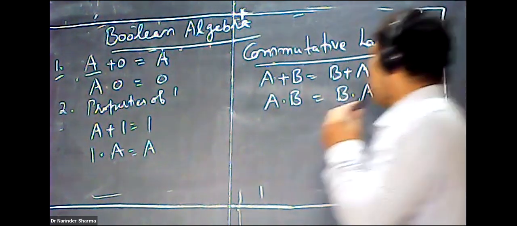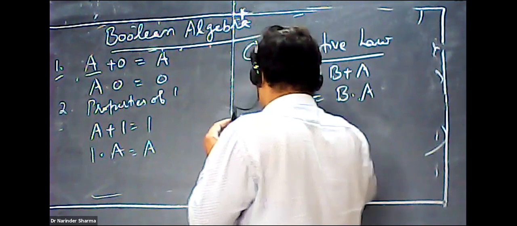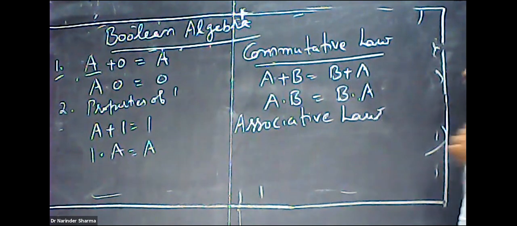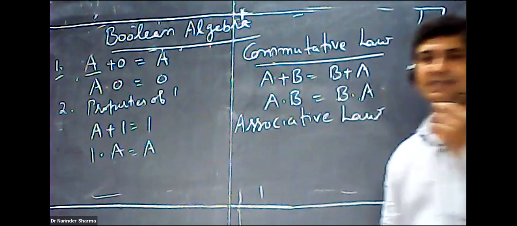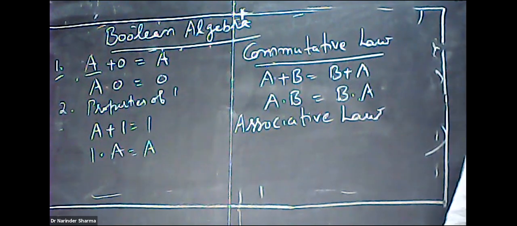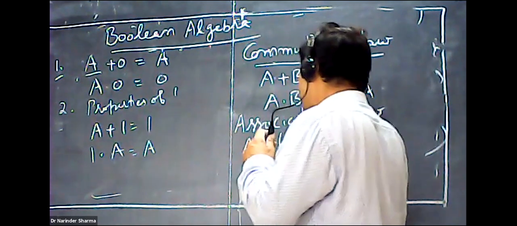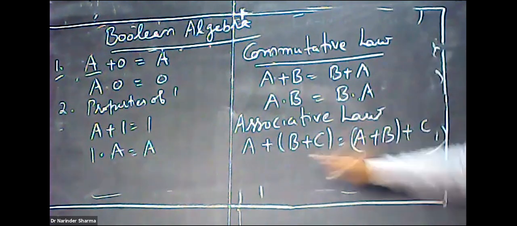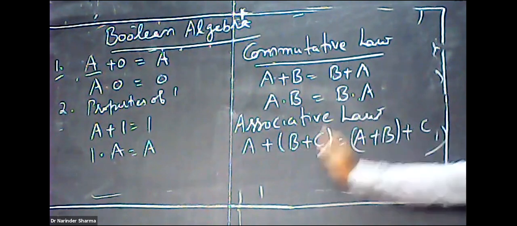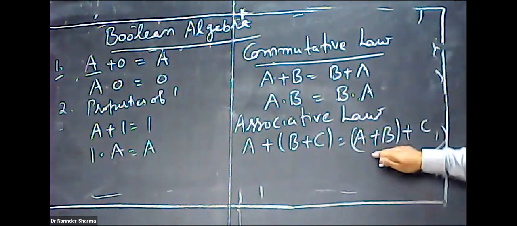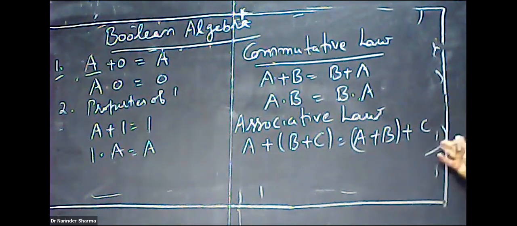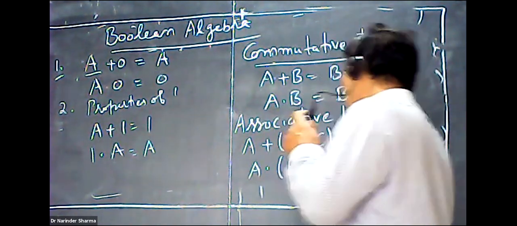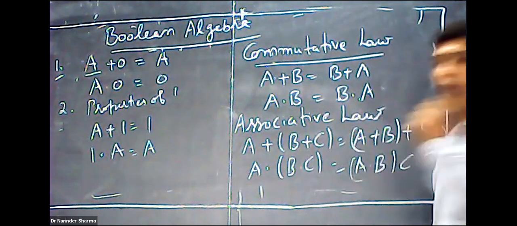Then there is the associative law. A plus B plus C: either you first add B and C, then its resultant is added to A, or you can add A and B, then its resultant is added to C. As far as multiplication is concerned, it would be A into B into C, grouped either way.